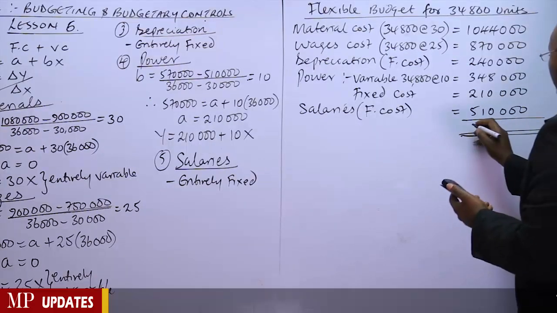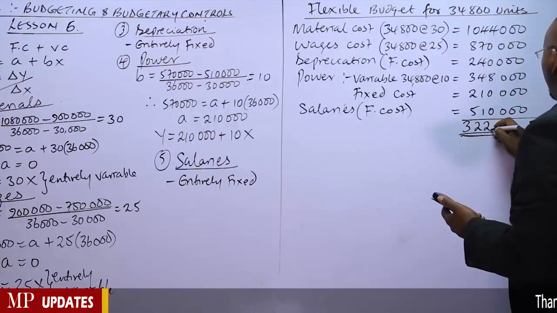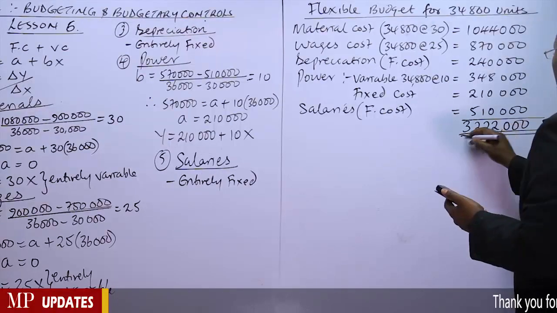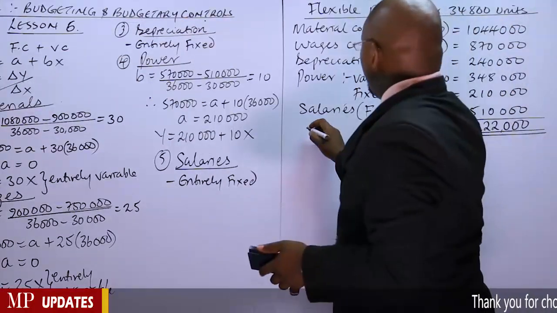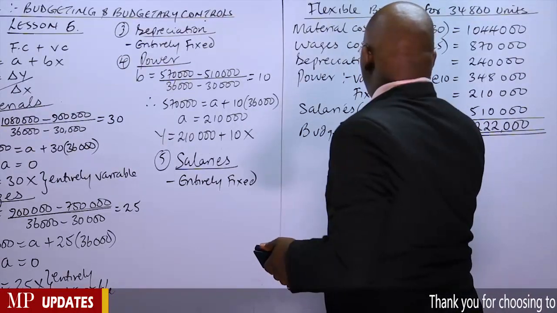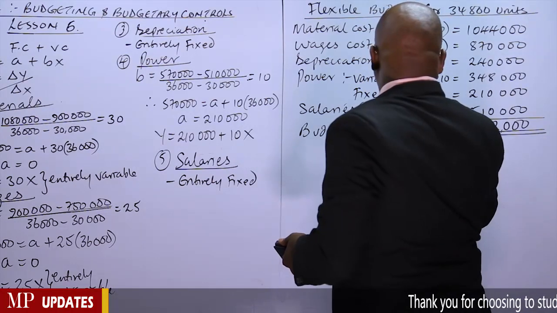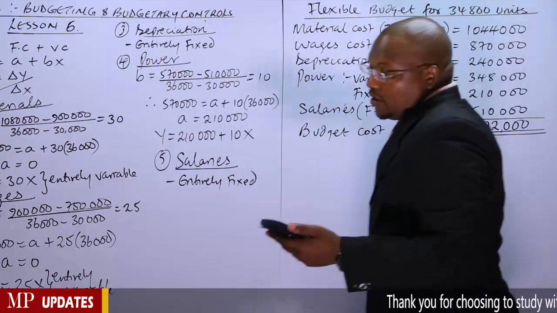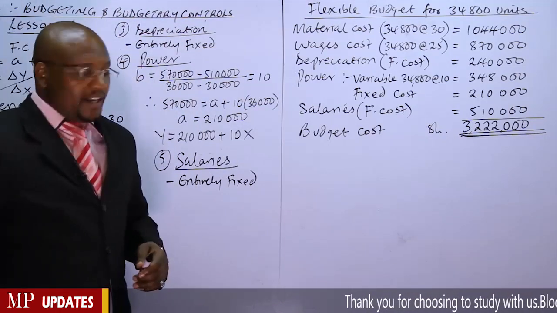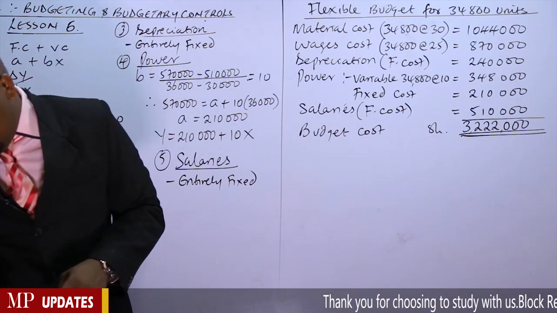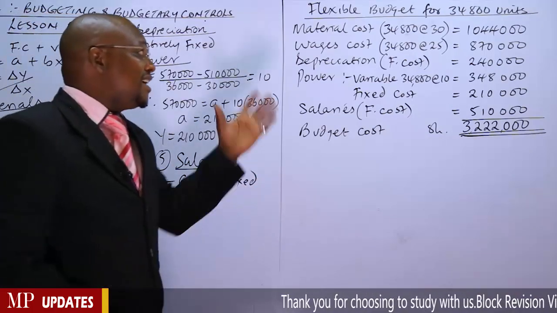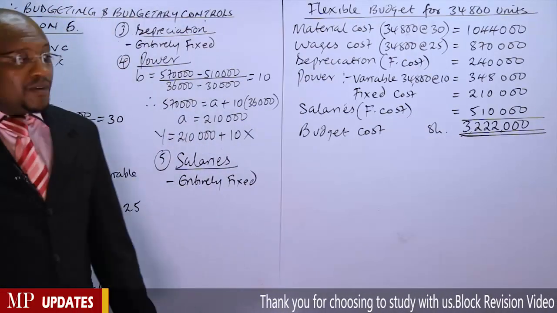This gives us 3,222,000. This is the budget cost. So the budget cost for these 34,800 units is 3.222 million, which is lower than the cost at 36,000 units, which must make sense. And that's all about the question.